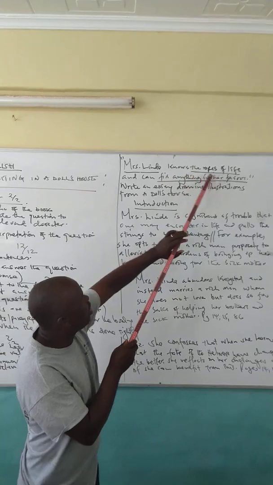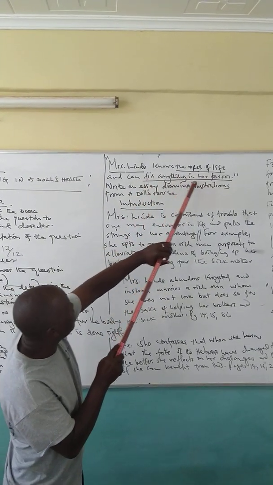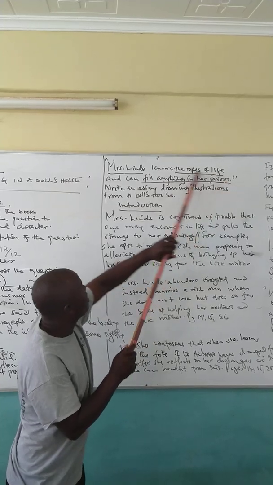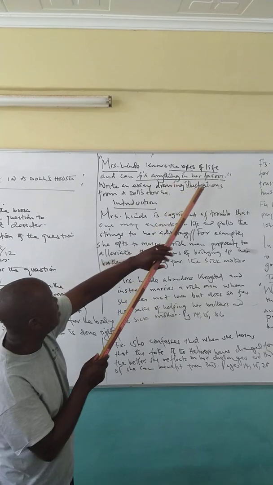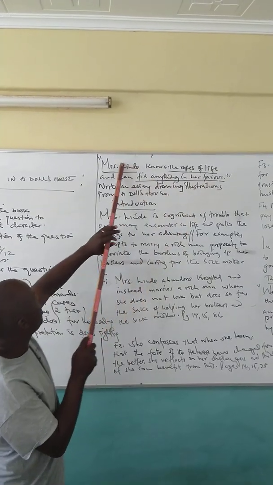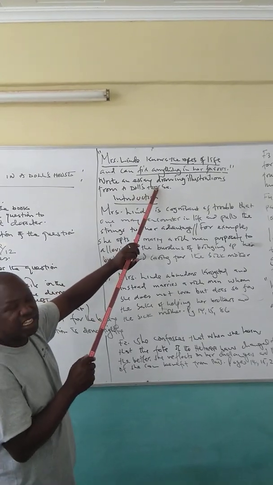Then there's the idiom, the ropes of life. You need to underline that. Then fix anything in her favor. So Mrs. Linde, the ropes of life, and fixing anything in her favor. Now that we have Mrs. Linde, the aspect of the title, Adult's House, is taken care of.